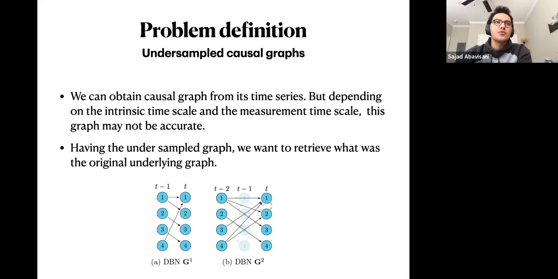For example, here 2 is connected to 3 and 3 is connected to 4, but it seems like 2 is directly connected to 4 because we're looking at it slower than it actually happens. Did that answer your question? Yeah.